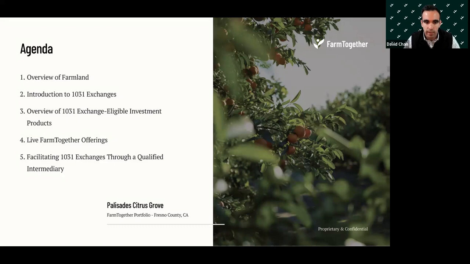Just some important factors to think about, to make the process smoother and hopefully easier for you. So after we go through those five sections, we will open it up for Q&A and we'll take questions from the audience.